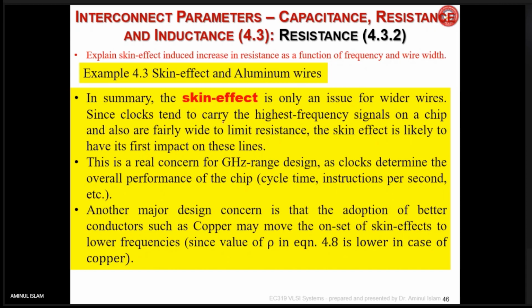Since clocks tend to carry the highest frequency signals on a chip and also are fairly wide to limit the resistance, the skin effect is likely to have impact on those lines. Normally the lines that carry high frequency clocks are mostly in the higher metal layers, the wider metal layers.